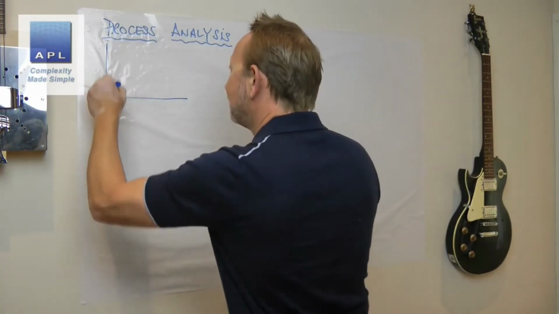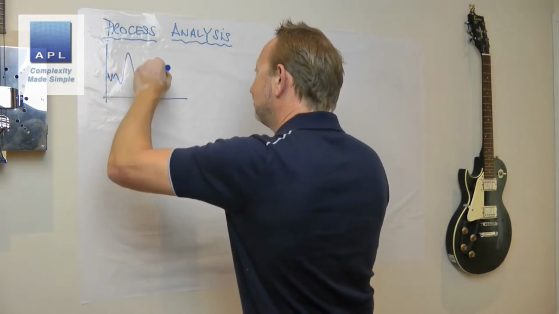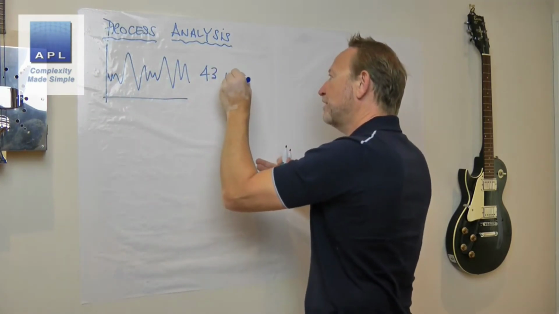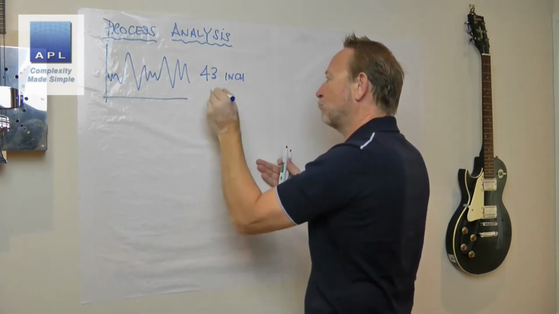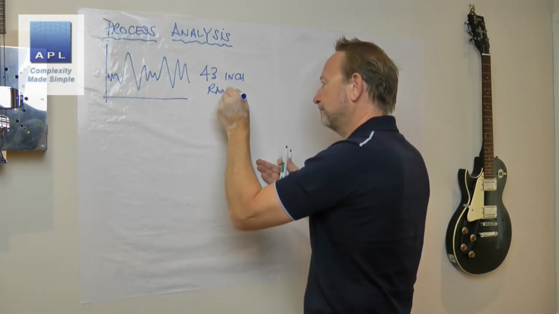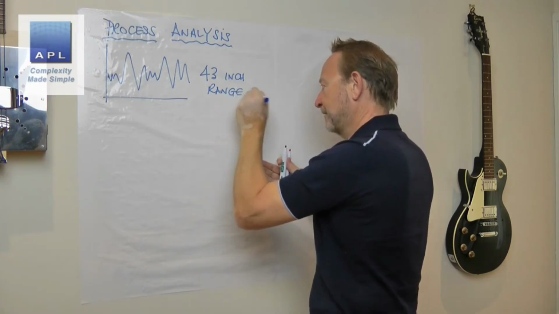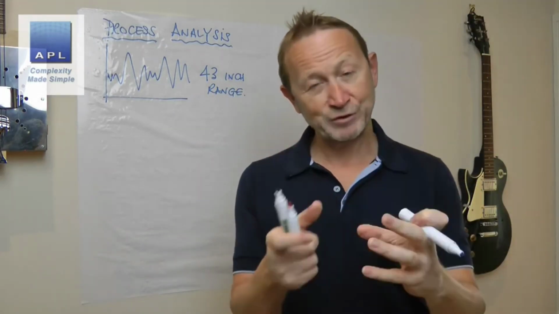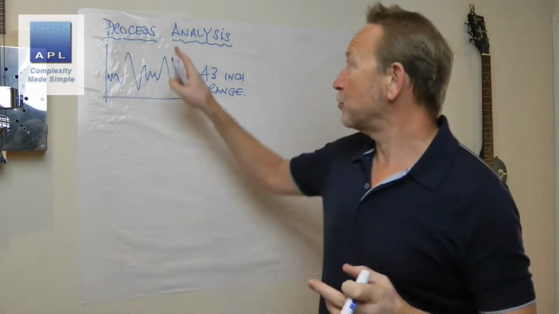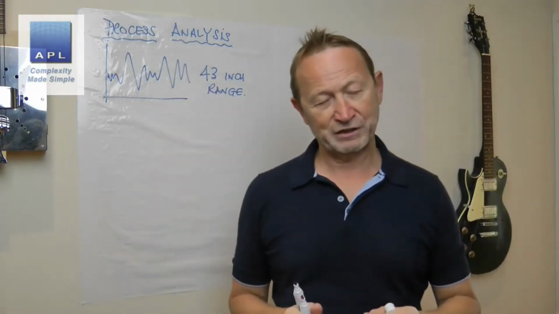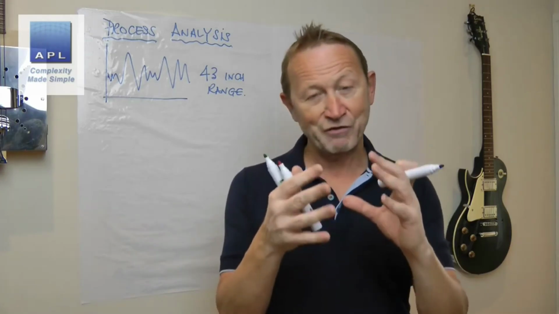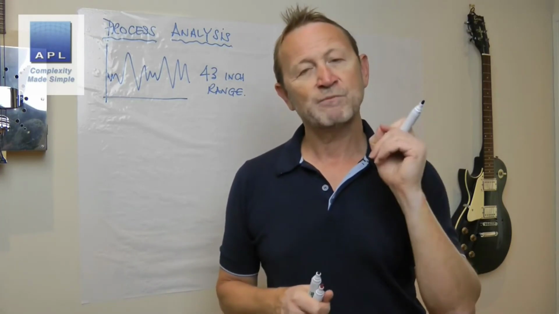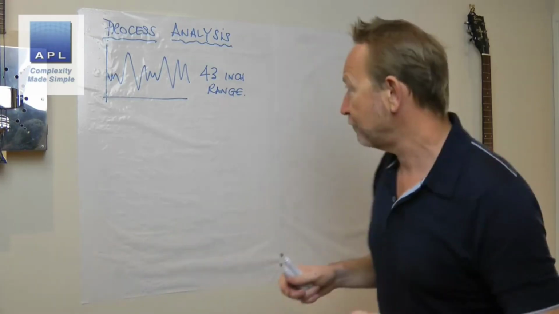Well, we've just taken the data and we've seen a 43-inch range for our process. The process is in chaos. So the type of process analysis we need to do is based on that need. And what we're going to do is a technique called process flow, cause and effect.